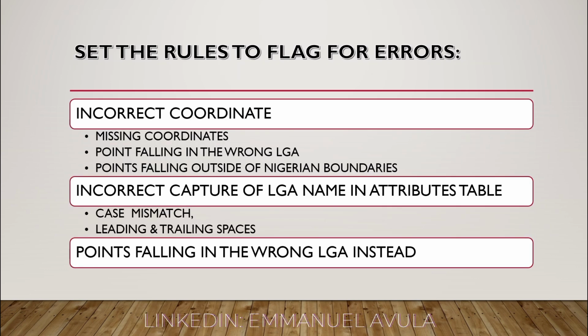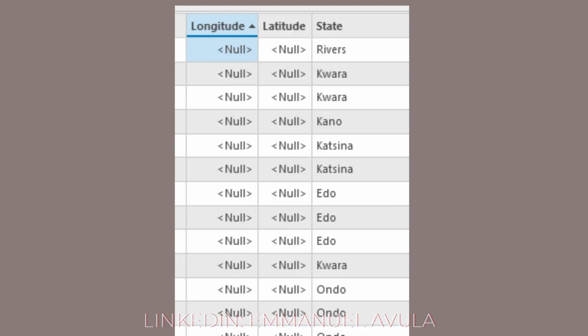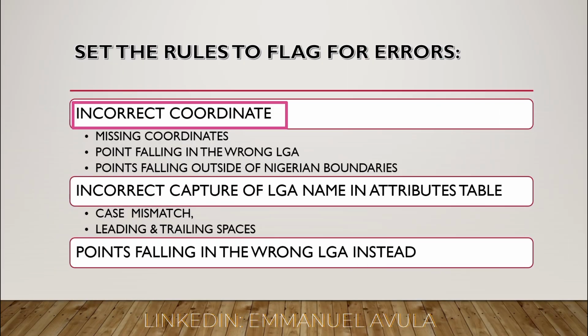Now, in validation rule, rules will be set, and the system will be configured in order to flag errors that violate those rules. In this project, we are interested in the geometry of the point feature class, which is the point of interest. We are interested in whether or not the points have missing coordinates, or they are falling in wrong locations.